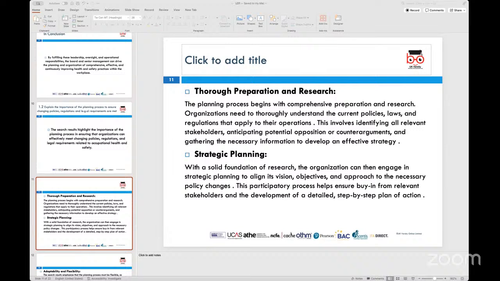So when we do talk about the planning process, this would become a critical aspect of the organizational operations because this would ensure that the existing policies are evolving to meet the expansion of the company. It is following any changes in regulation which are being introduced by the government, and in some cases it is meeting the legal requirements for that particular premises.